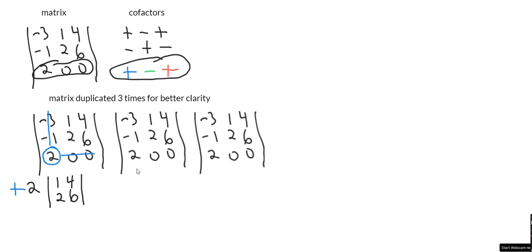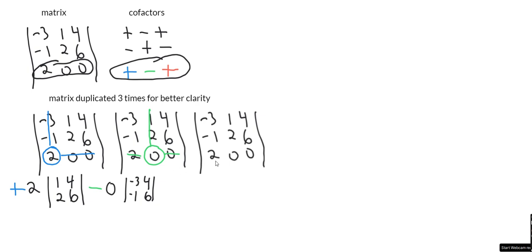The next one's going to be 0. So cross out that row and column that 0 is in. The cofactor is negative. So you got negative 0. What's not crossed out is negative 3, 4, negative 1, and 6.